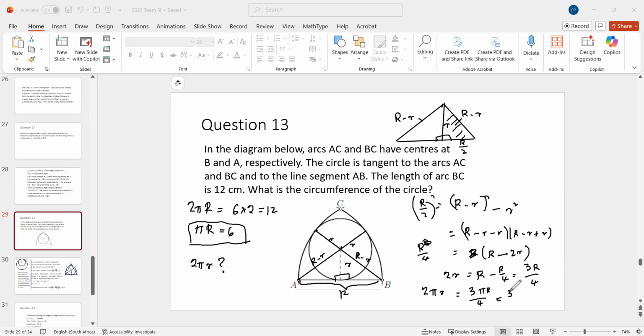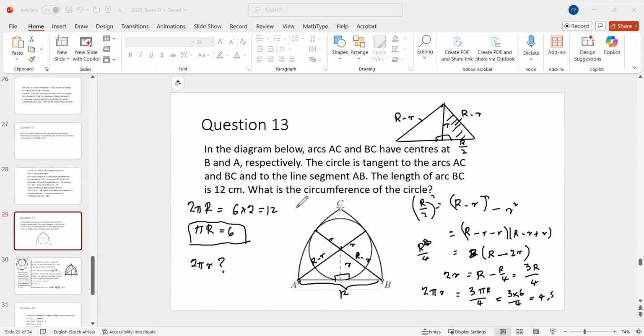So this gives you 18 over 4, 4.5. I don't remember. I worked this thing out.